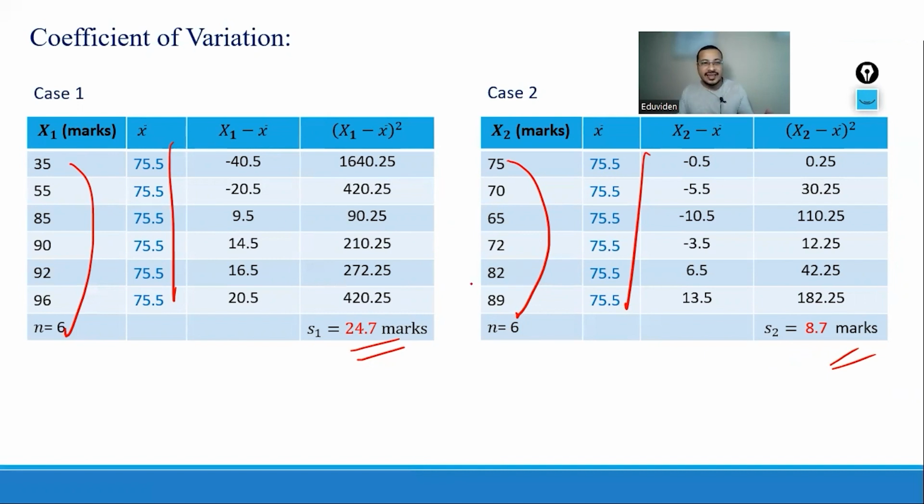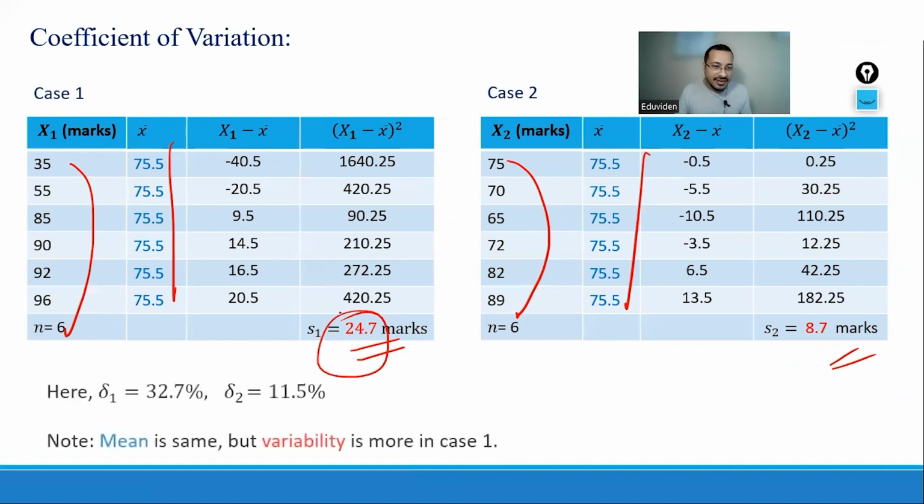Since the mean is the same, you can easily say that the variance in case one is higher. But if we calculate the coefficient of variation, we become more confident. It is the ratio of S1 divided by 75.5 for this case, and S2 divided by 75.5 for the other.